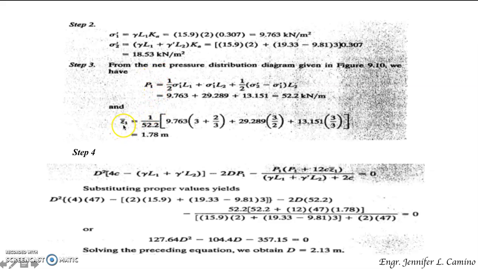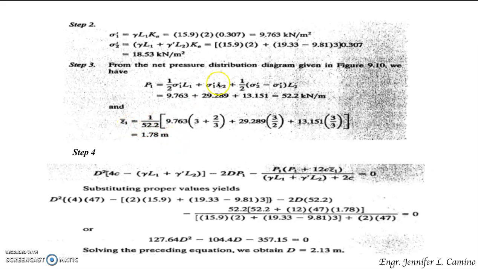And of course, Z bar, you're going to have your equation that was presented a while ago. So you can have Z bar equal to 1.78 meters using the equation we have discussed.